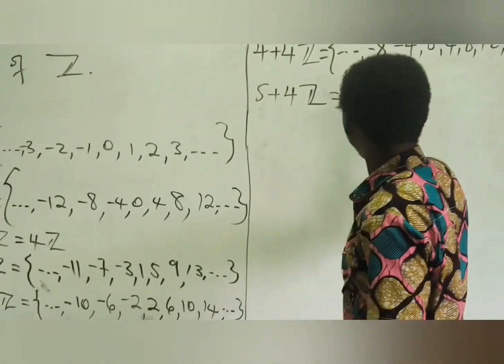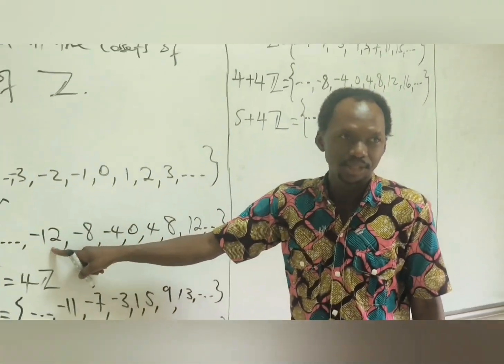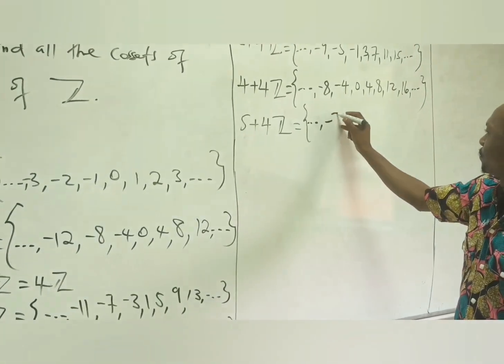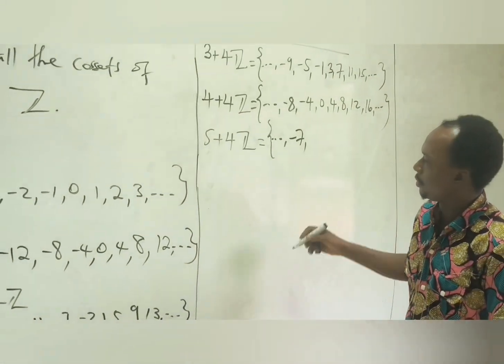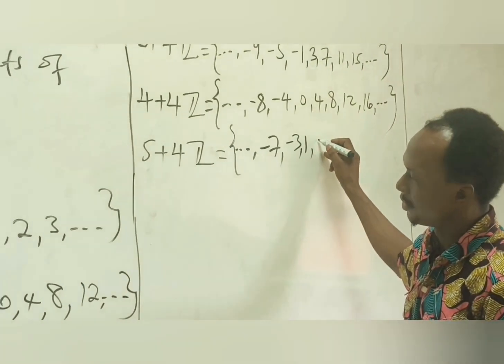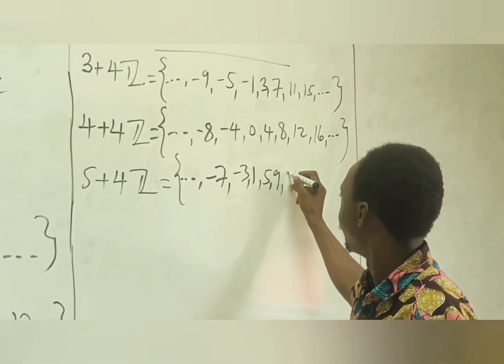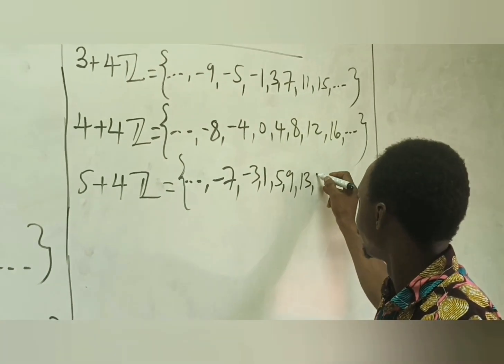5 plus negative 12. Negative 7. Negative 3. 1. 5. 9. 13. 17.